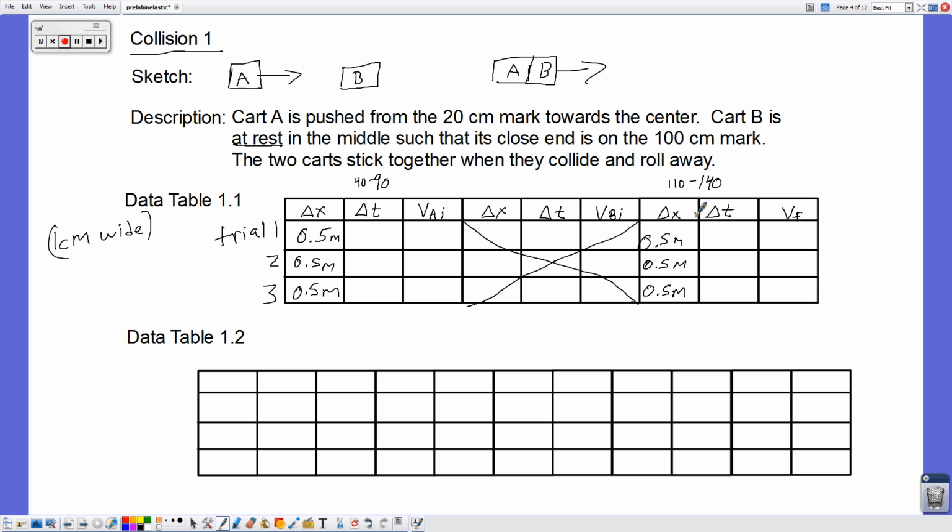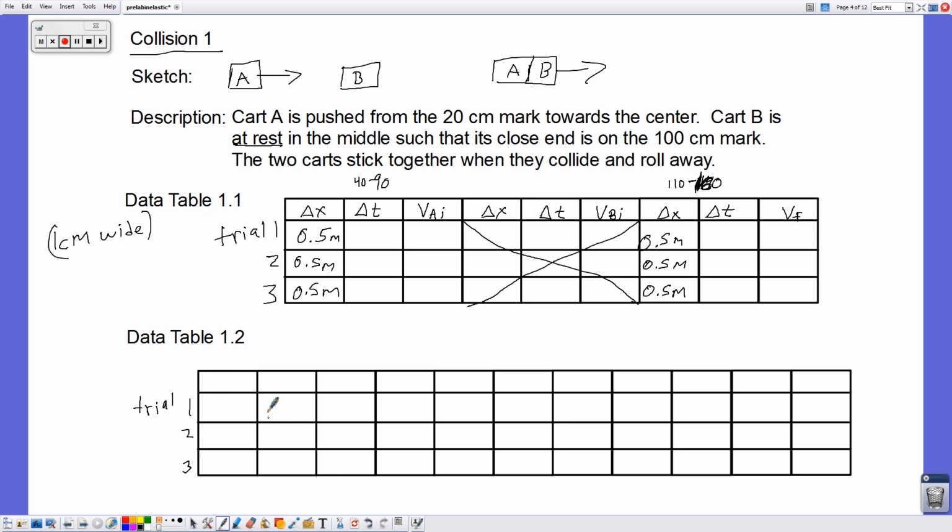Sorry, math, not working. 160. Aha! All right, there we go. That's how math works. So, data table 1.2. Again, trial 1, 2, 3.